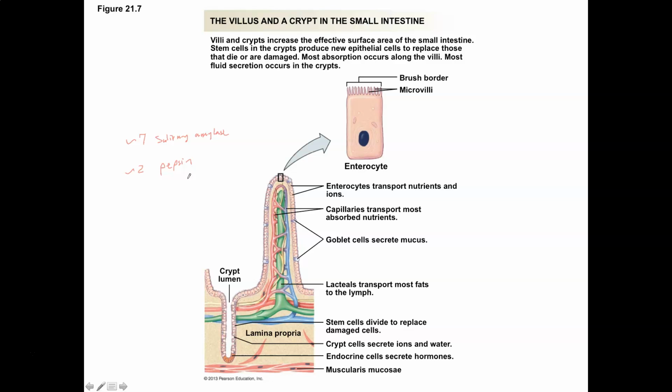And then, of course, you have enzymes that work in the small intestine, like the duodenum. They're going to work predominantly around a pH of 9. So you're going to have enzymes like trypsin, which prefer that more alkaline pH. You'll have pancreatic lipase.